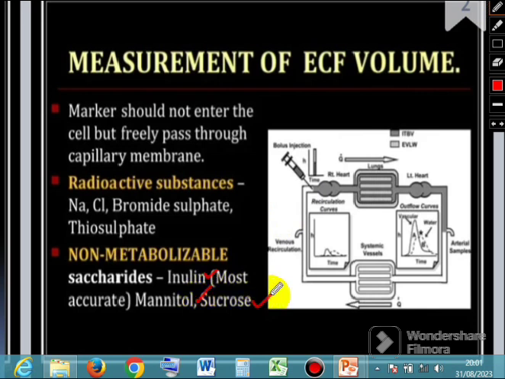Those are the major biomarkers used to measure the extracellular fluid compartment. Inulin, mannitol, and sucrose. Others, like radioactive substances, bromide, sulfates, and thiosulfates, can also be used to measure the ECF volume compartment.